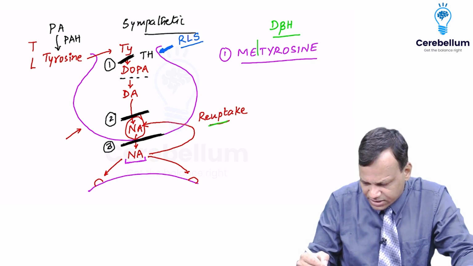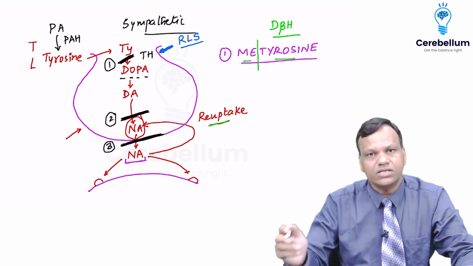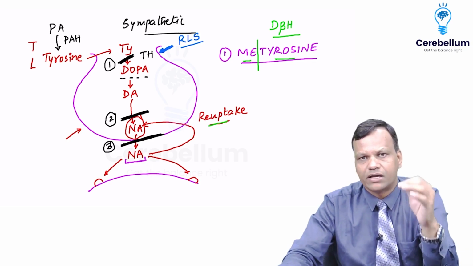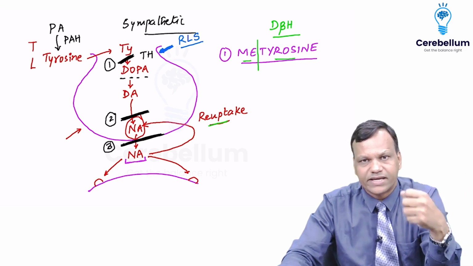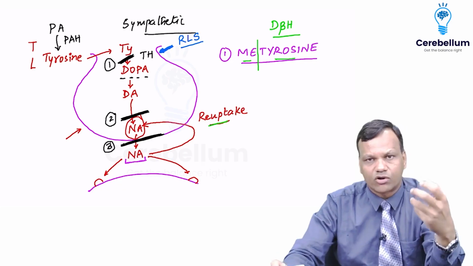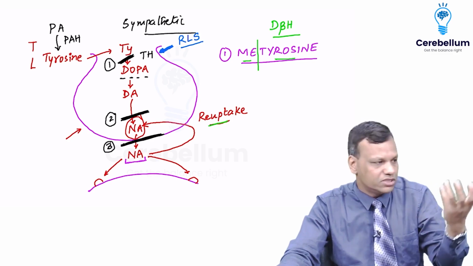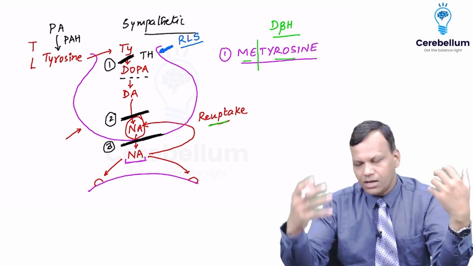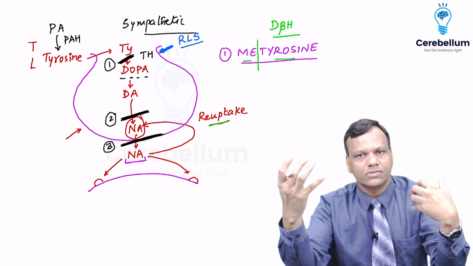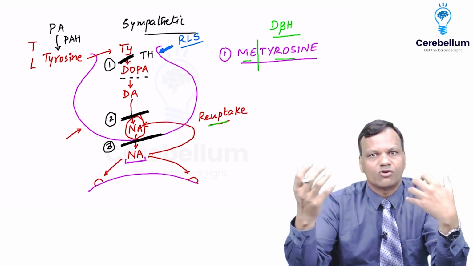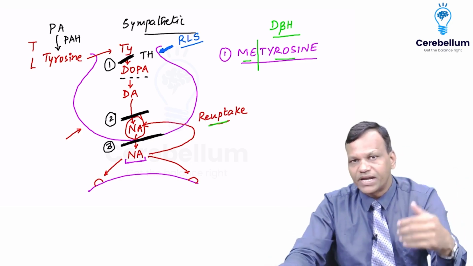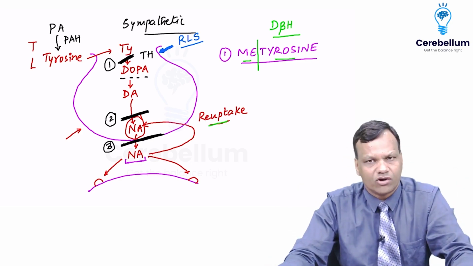The drug is saying I am tyrosine. So when the drug is saying I am tyrosine, the tyrosine hydroxylase enzyme gets confused. What is the actual tyrosine? This tyrosine is saying I am tyrosine, and tyrosine is also saying I am tyrosine. So in this confusion, it will not be able to work properly. So, competitive inhibitor of tyrosine hydroxylase.